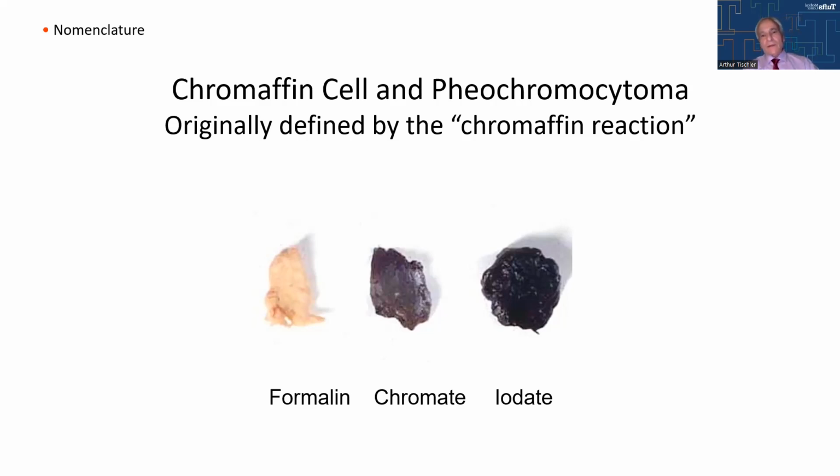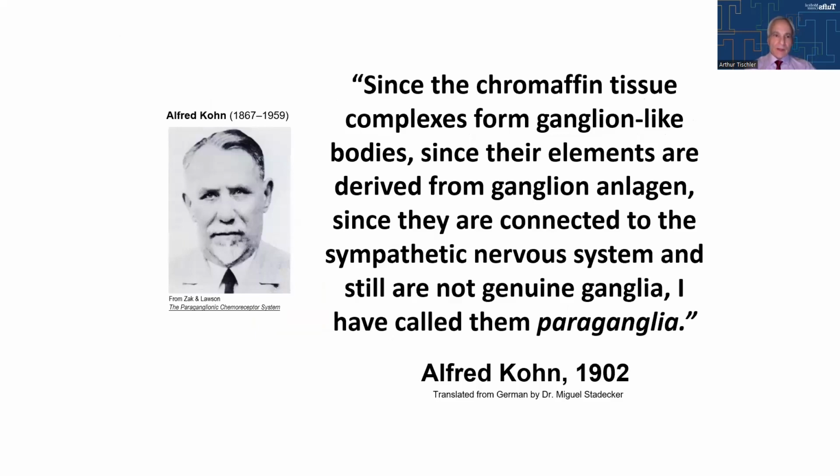Consequently, we start with the peculiar situation in which a normal cell type goes by one name and its neoplastic counterpart goes by another. Alfred Kohn, the researcher who was working on chromaffin cells and the chromaffin reaction, came up with a revolutionary concept as a result of his work.